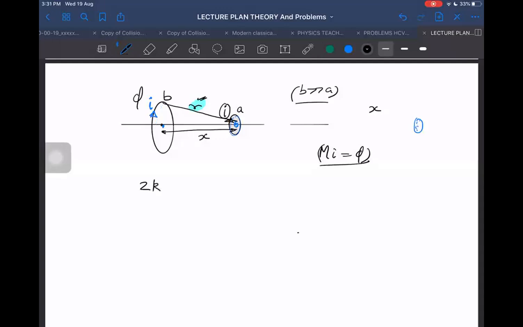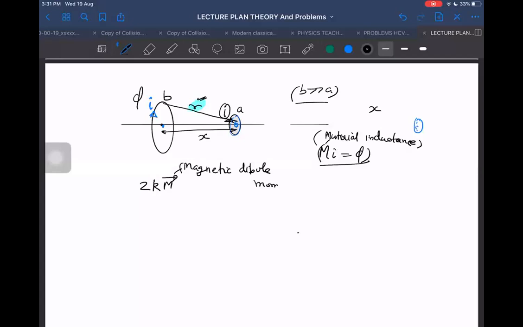2K into M, where M is the magnetic moment vector, I into pi b square. This is not the mutual inductance. That capital M vector is not mutual inductance, it is the magnetic dipole moment.